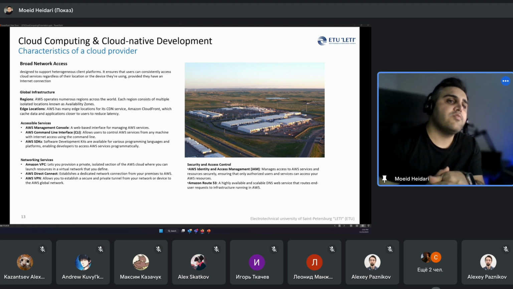I think one of the very hot topics nowadays, and it will be much more important in the future, is the combination of AI systems, especially generative AI systems, with these cloud infrastructures.